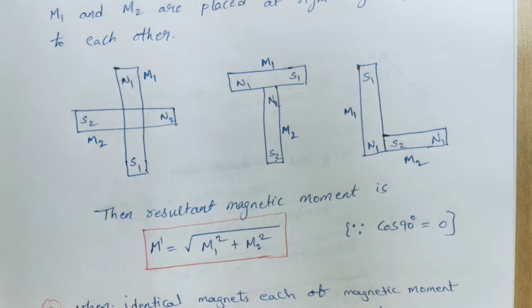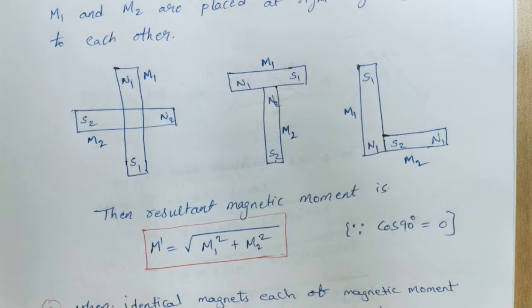Here we do not have any cos theta term, since the angle is 90 degrees and cos 90 degrees becomes 0. Finally we get the resultant magnetic moment as the square root of m1 square plus m2 square. So this is one simple application. Further, a few more applications I want to discuss with you.